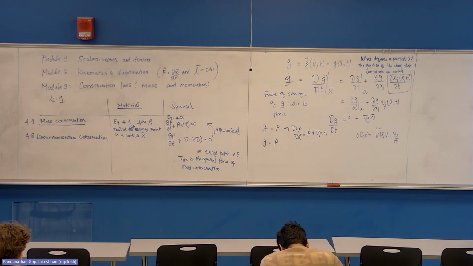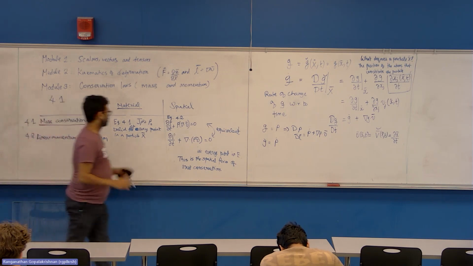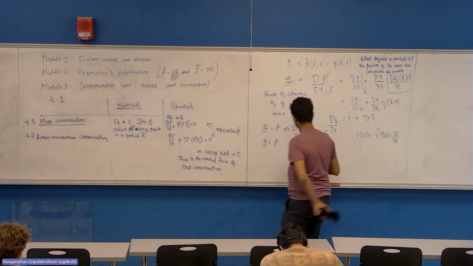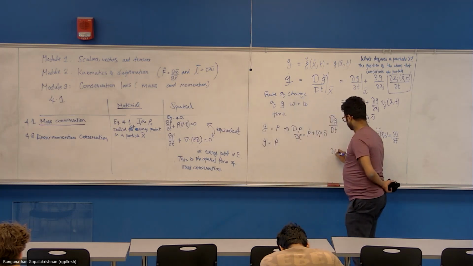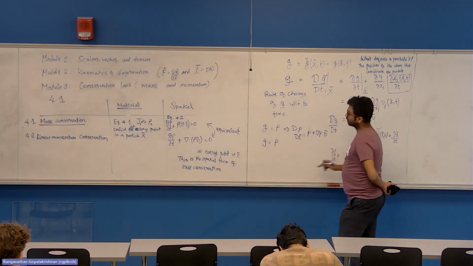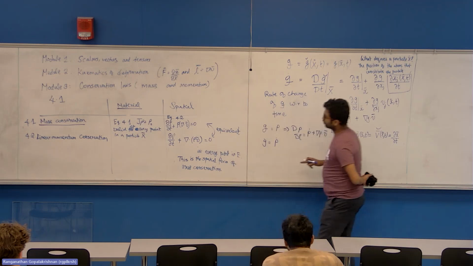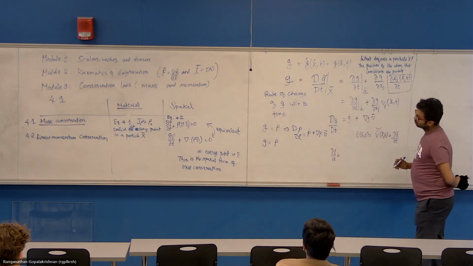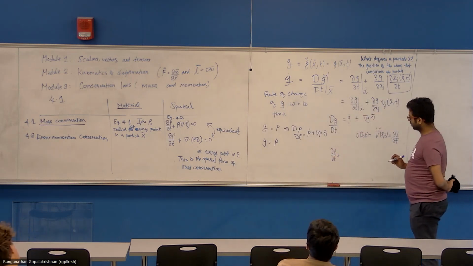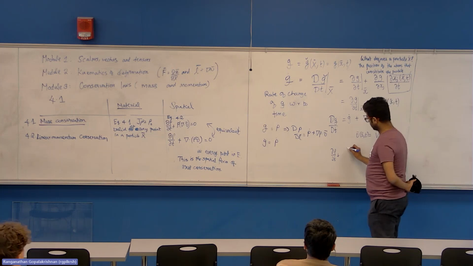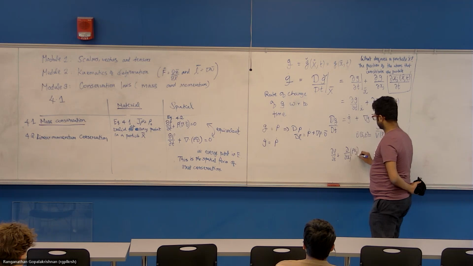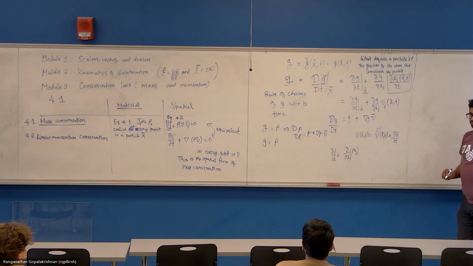What is that step? So if I take this equation, how will you expand this divergence of rho v? So what is divergence of rho v? That is partial over xj of rho vj. Right?